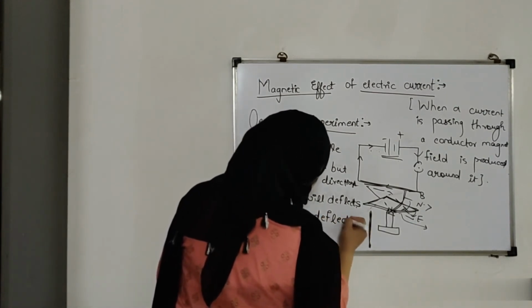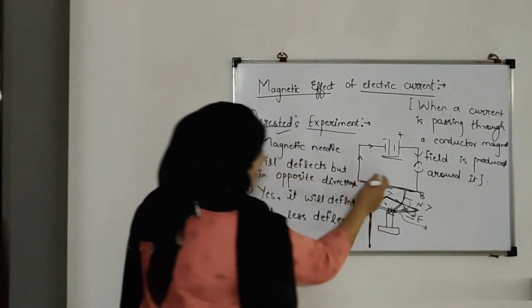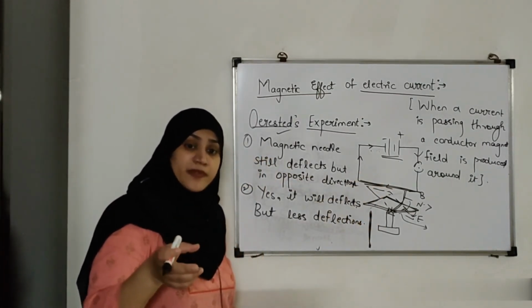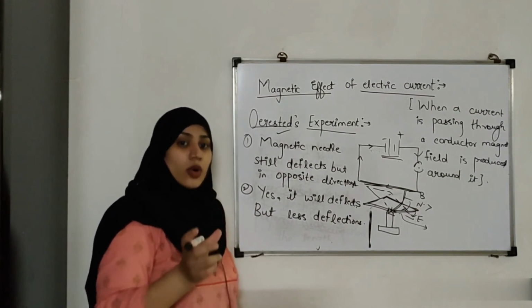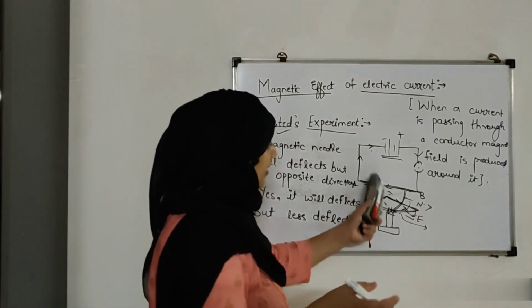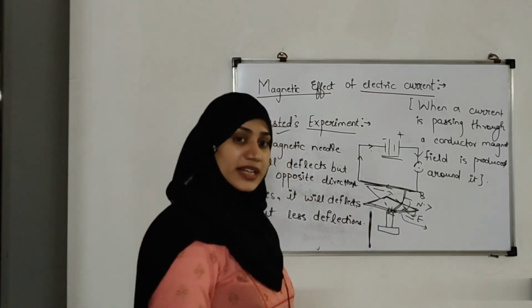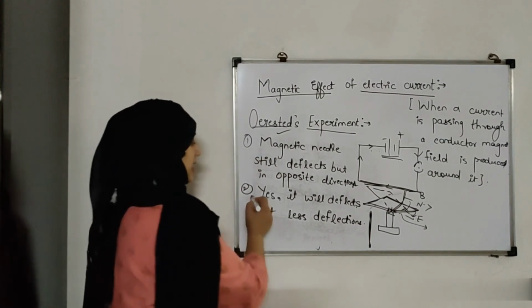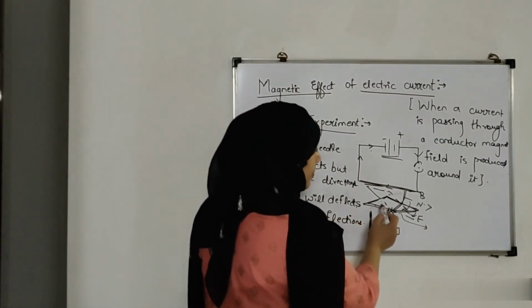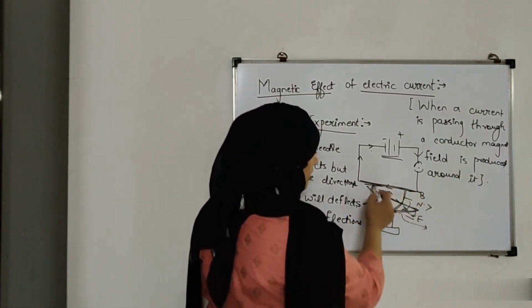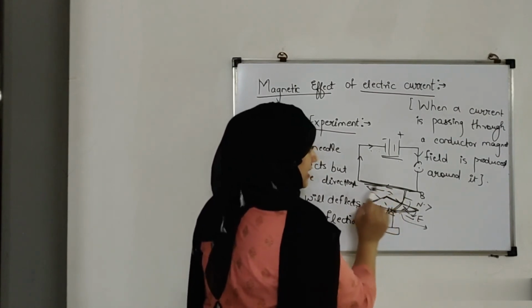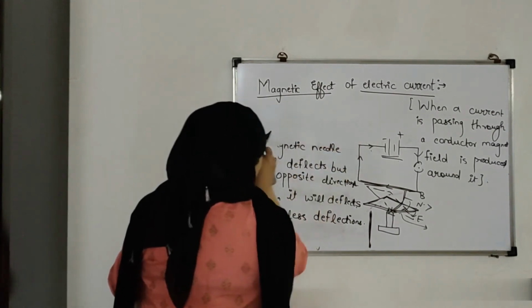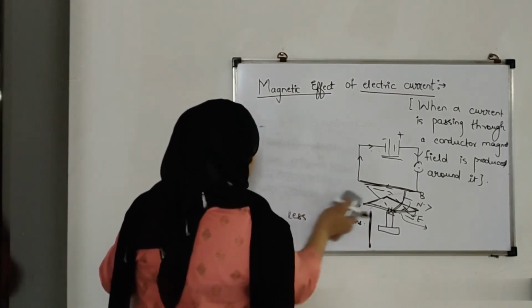So if I increase the current in this conducting wire, what happens to the magnetic needle? It keeps deflecting but faster. If I decrease the current in the wire, it would still keep deflecting but a little slower. The deflections become less. As in this case, whenever you take the magnetic needle away from this conductor, the deflections would be less. So we are going to see the factors on which the magnetic field produced depends.